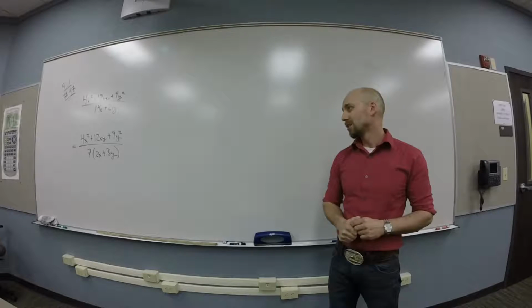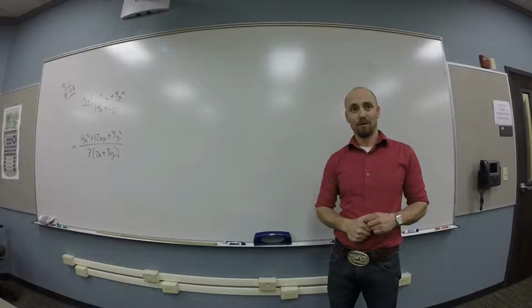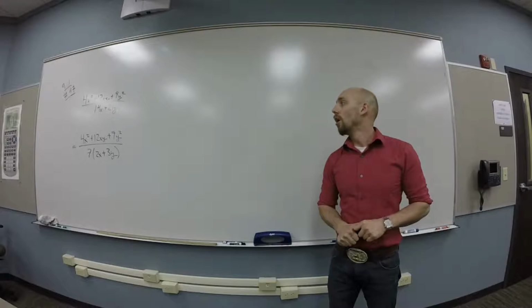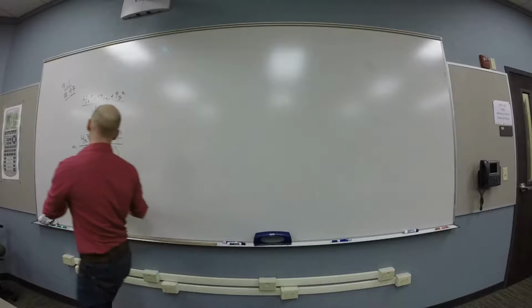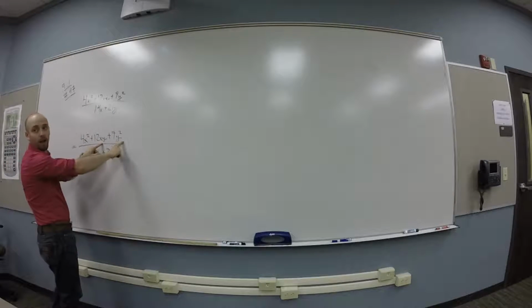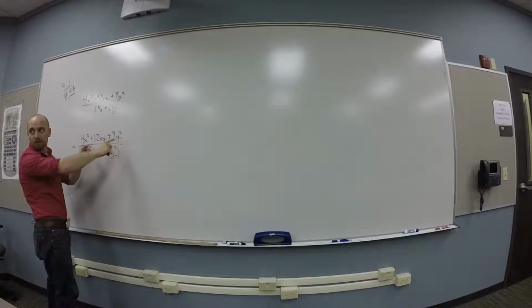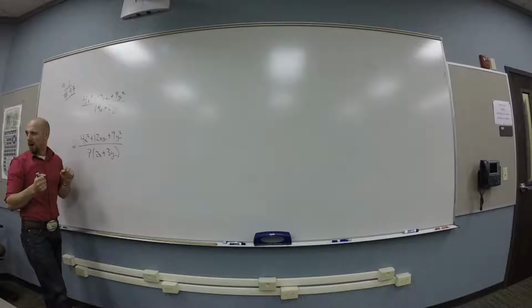What do you think about the top? X and Y. Yeah, there's x's and y's, which makes this scary. Oh, I could try to factor an x out of these two pieces and a y out of those two, right? That's going to be a little problematic. You guys see why?